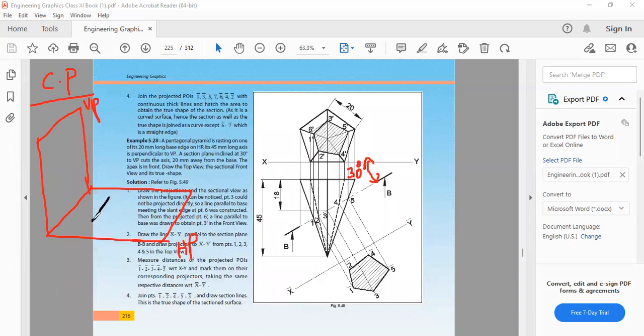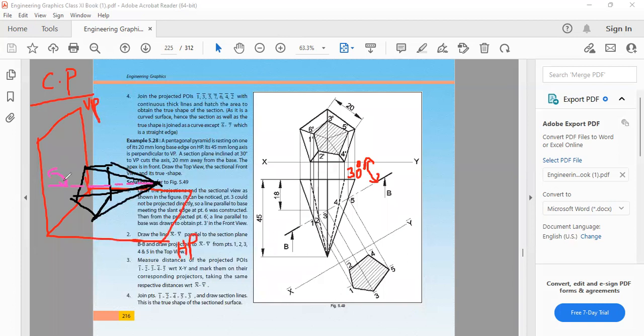This is my base edge, this is my pentagonal face, and this is my apex. This center line is my axis. So the axis is perpendicular to VP.